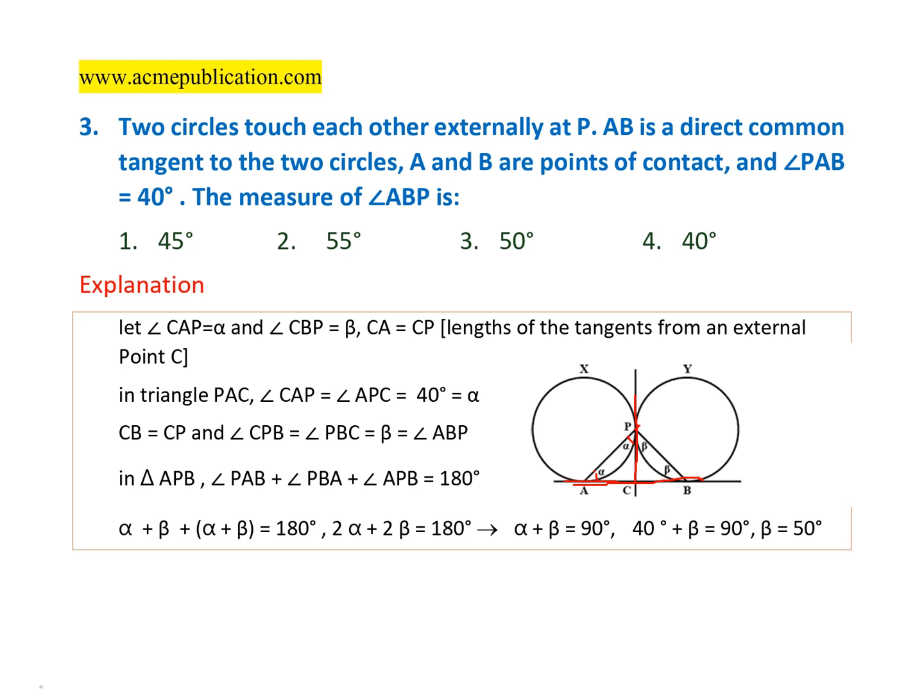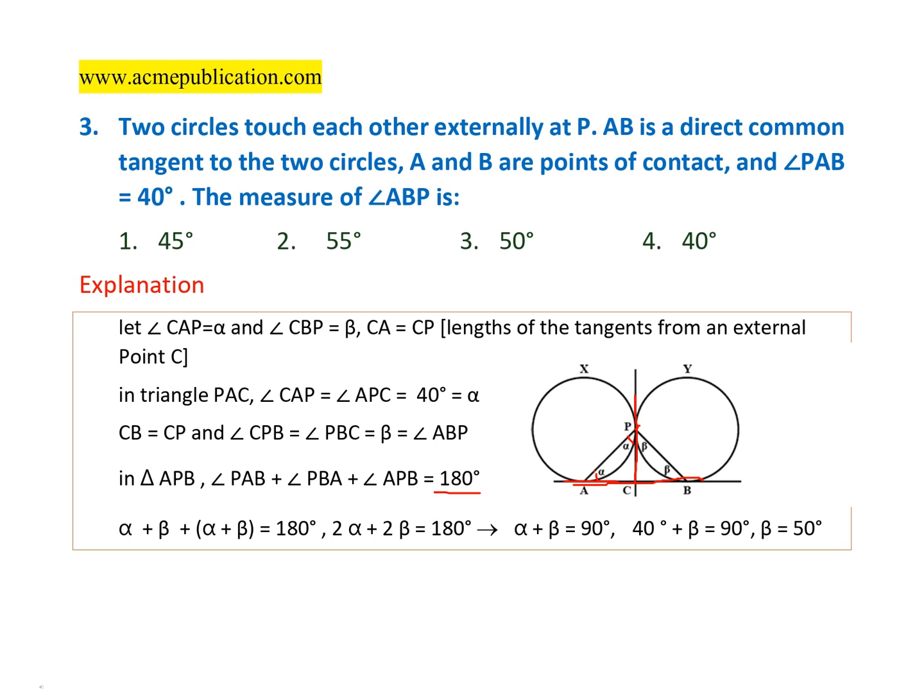Now in triangle APB, angle A plus angle B plus angle P is equal to 180 degrees, and angle P is equal to beta plus alpha, and angle A is equal to alpha and angle B is equal to beta.